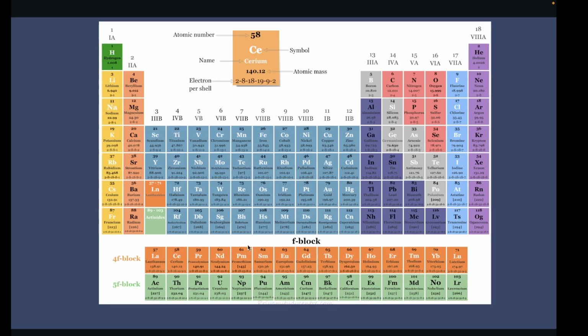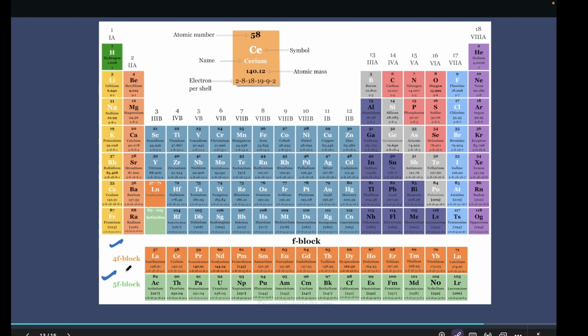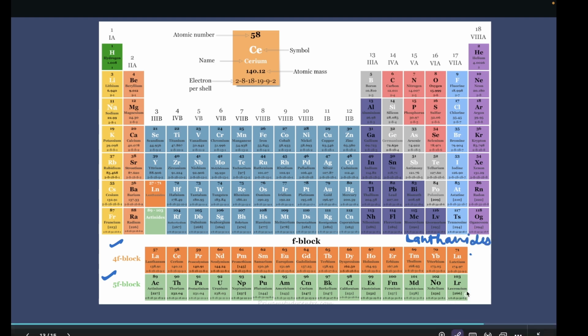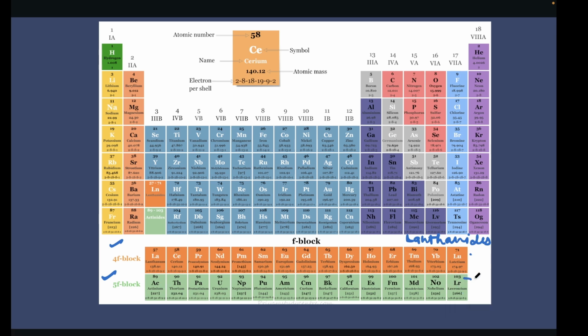F block elements in the periodic table have two main sets, 4f and 5f. 4f orbitals are filled in lanthanides and 5f orbitals are filled in actinides. So these elements are in two rows and kept separate in the periodic table.